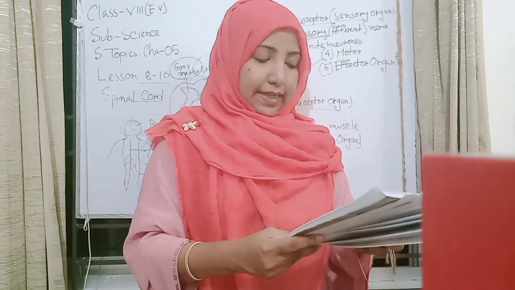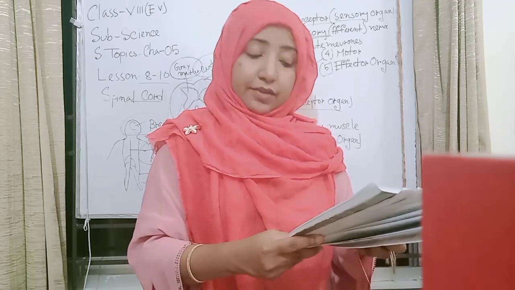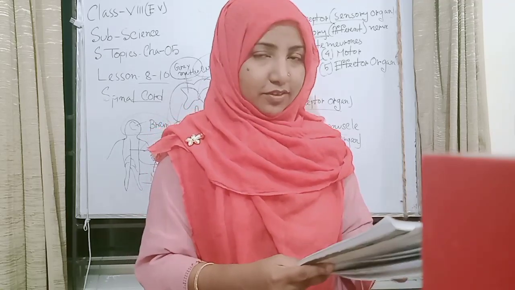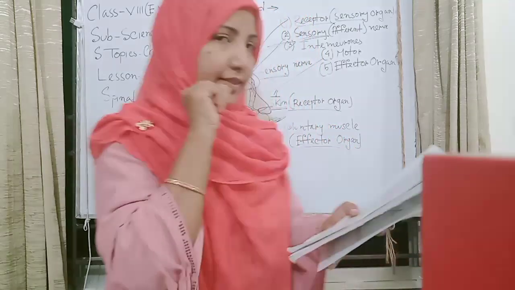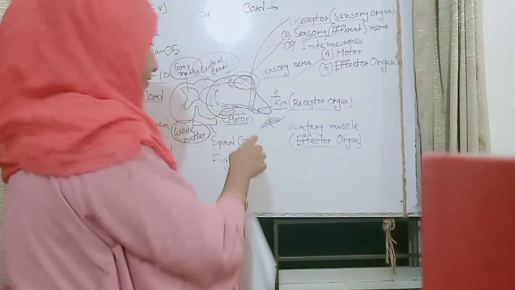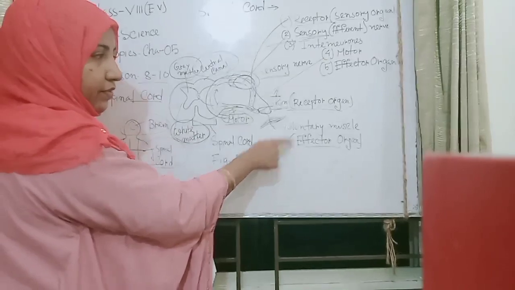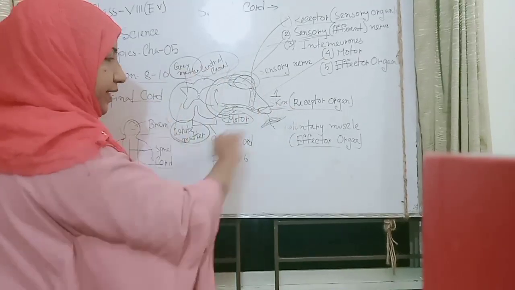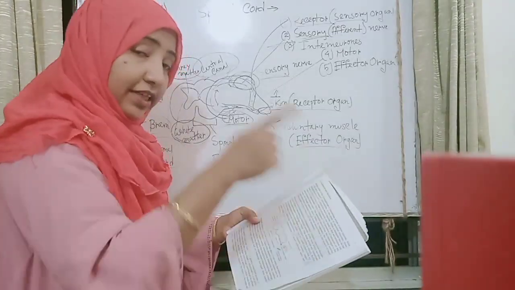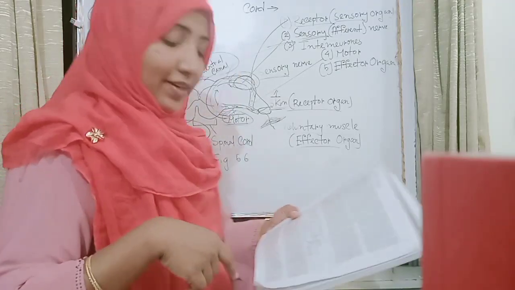Interneurons transmit the impulse from afferent neurons to efferent neurons. The first structure is the afferent neurons, the second is the efferent neurons. It is the electrical impulse.